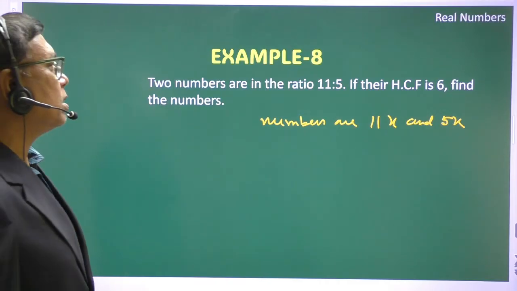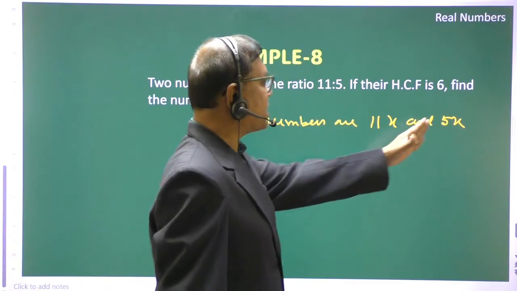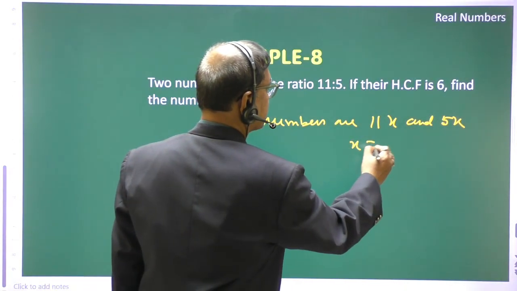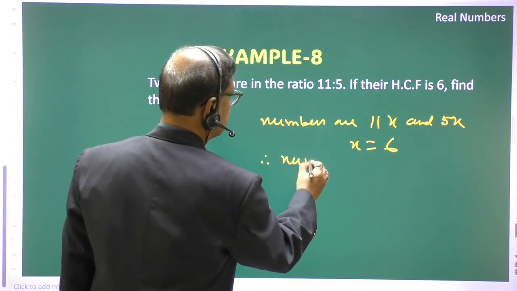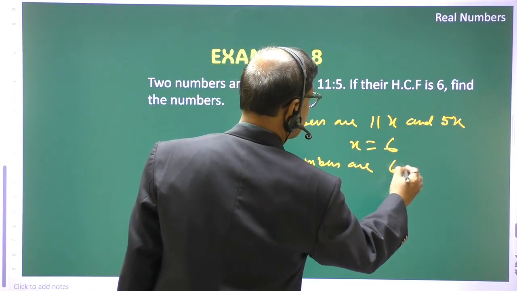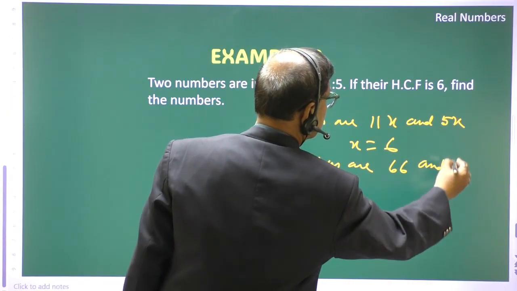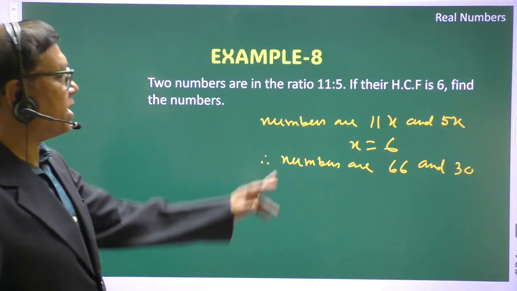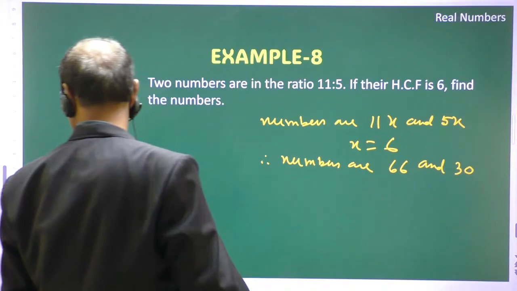And since the HCF is 6, that means this common factor x should be 6. X value would be 6. So therefore the numbers are 66 and 30. 11 into 6 is 66, and 5 into 6 is 30. So this will be the answer of this question.